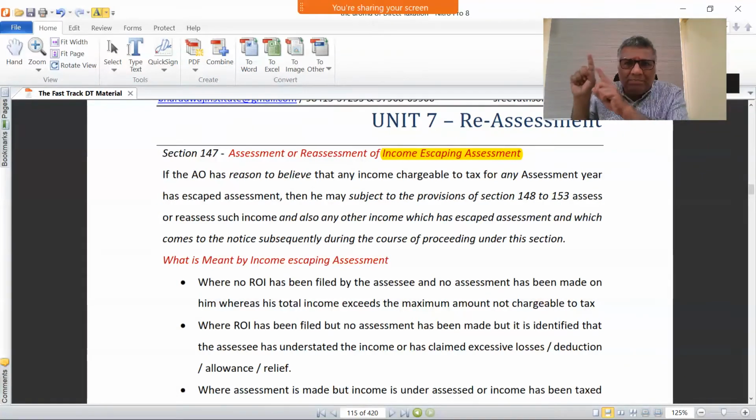The assessing officer should have proof on hand saying this person's income has not been properly assessed. Income has escaped assessment.